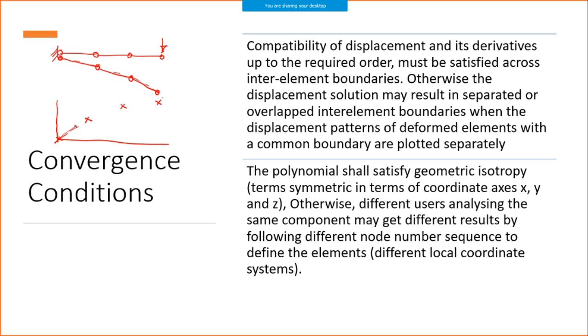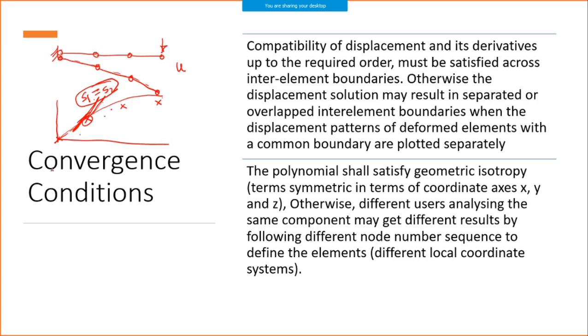The slope of this particular curve at this point and the slope of the curve at this point, in the first element and second element, should match. If these two are equal, then it is called C1 type of continuity. Why is it called C1?